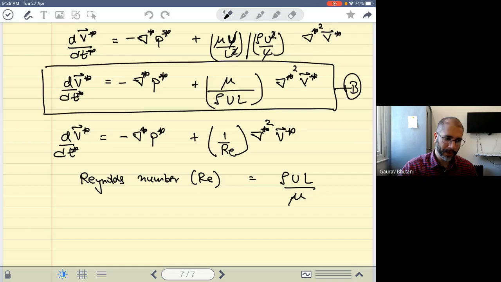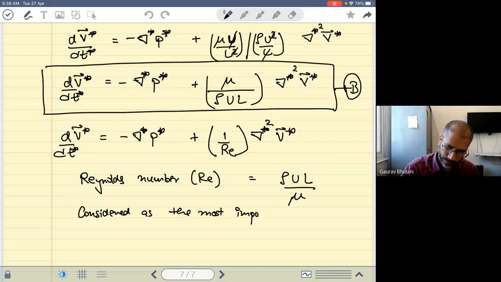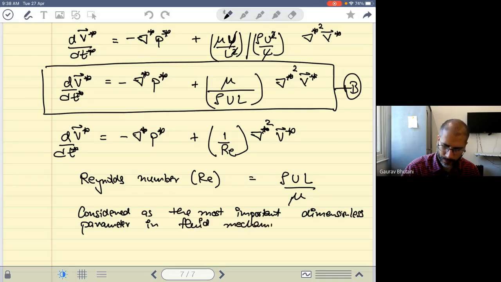In fact, Reynolds number is considered the most important dimensionless parameter in fluid mechanics. All right.